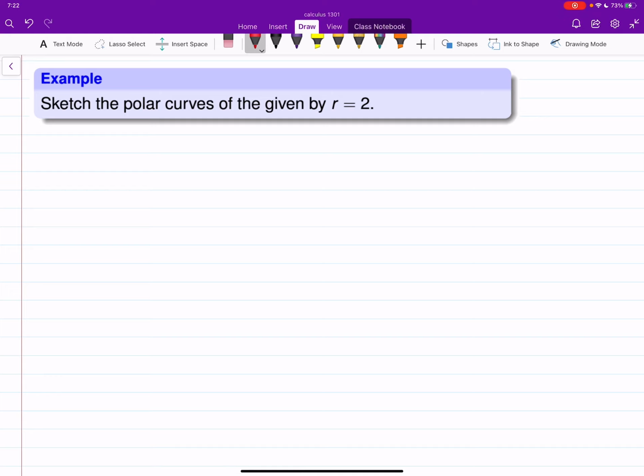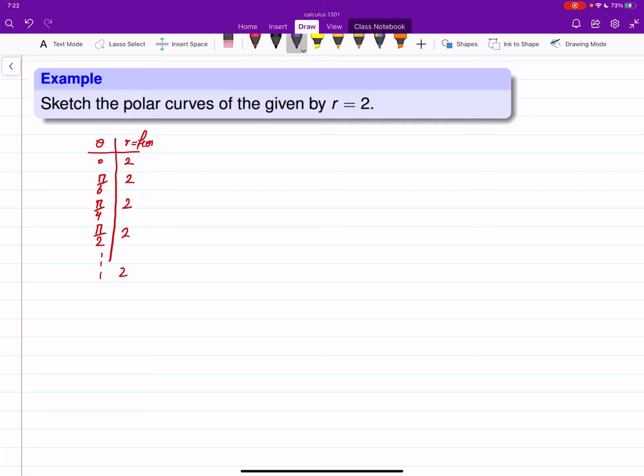Here note that for every value of theta you get the same value. For 0 you get 2, for pi over 6 you get 2, for pi over 4 you get 2, for pi over 2 you get 2, and for everything it is 2.